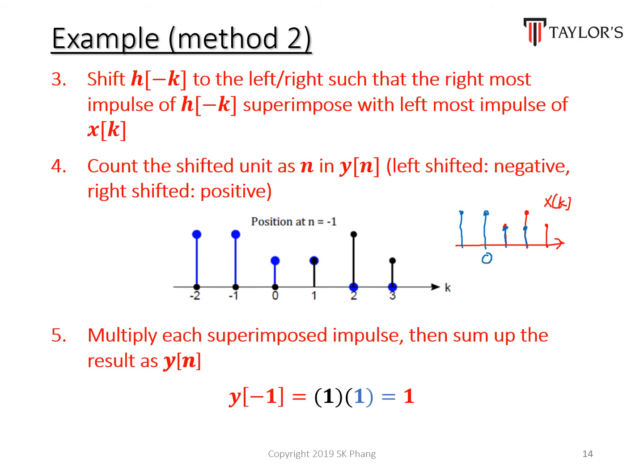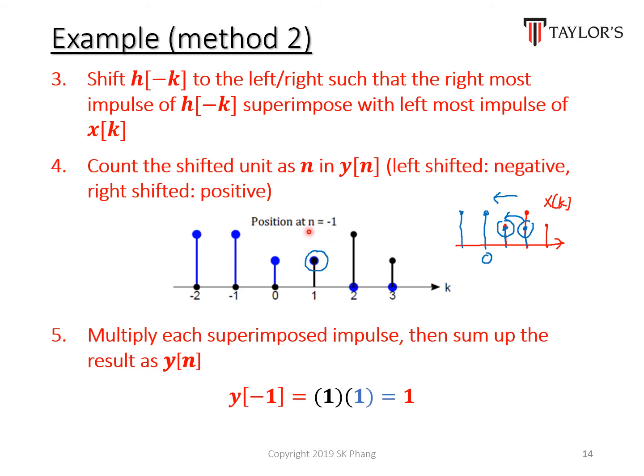And now because there are two of them superimposing each other, we need to shift the graph to the left so that this superimpose will go to the left side. So there will be only one superimpose as shown over here on this graph.